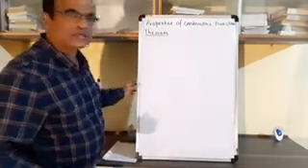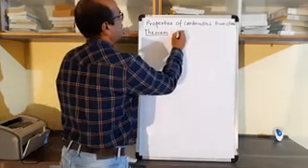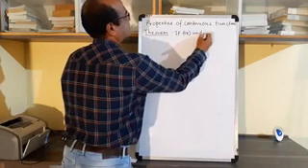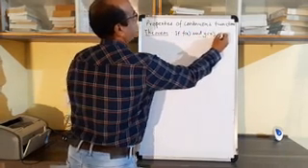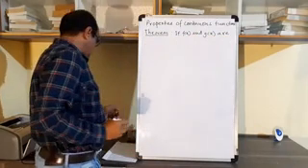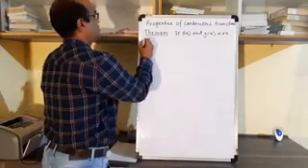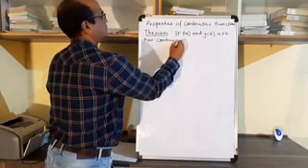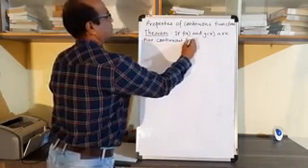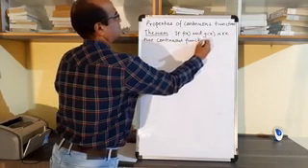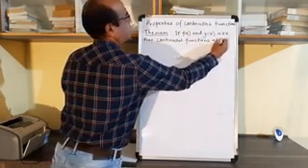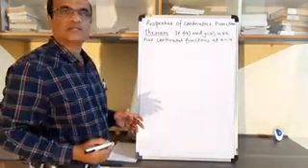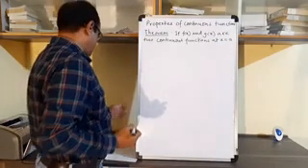If f(x) and g(x) are two continuous functions at x is equal to a. So both are continuous functions f(x) and g(x) at x is equal to a.